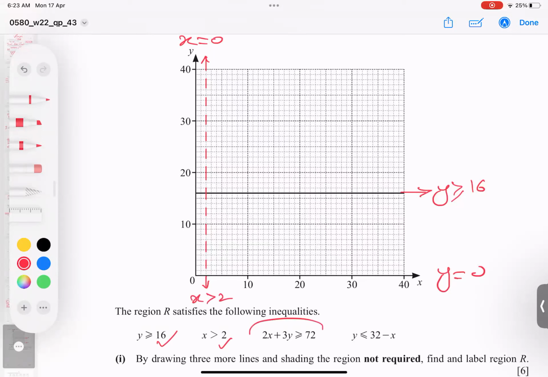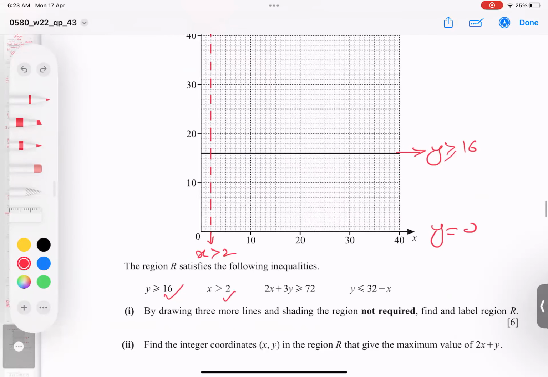Now let's talk about how to draw this kind of line. This is a technique, have a look here. Whenever we do, for a while, inequality convert into equal sign. And now I will make a table of two values only. One time plug in x 0 and one time plug in y 0. When I plug in 0 in the place of x, students, 0 plus 3y equal to 72.